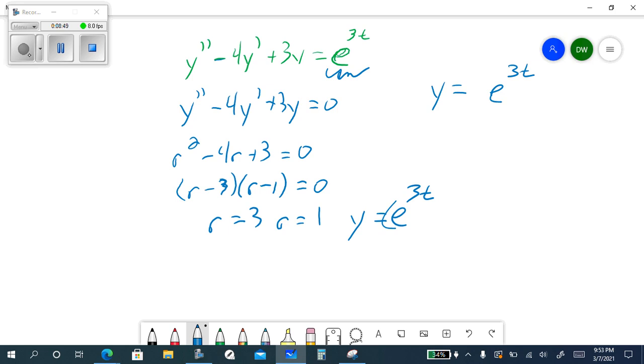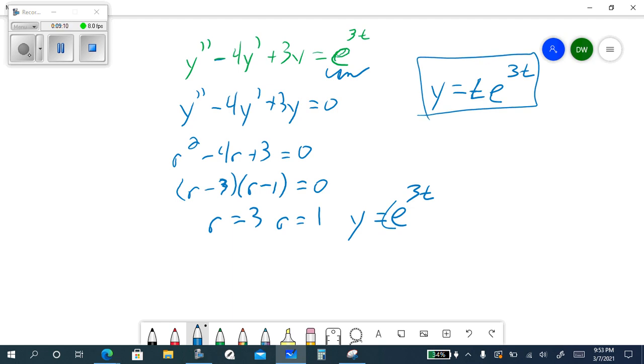But for it to be related to that, but linearly independent, then we can pick up a t just like we did in the previous section. Notice that still makes e to the 3t part of our solution, but this one is not a solution to the homogeneous.